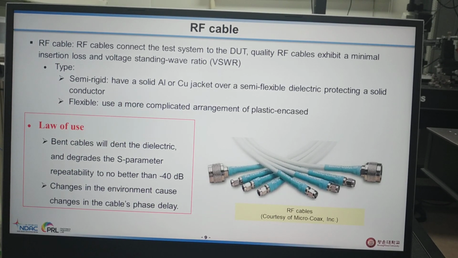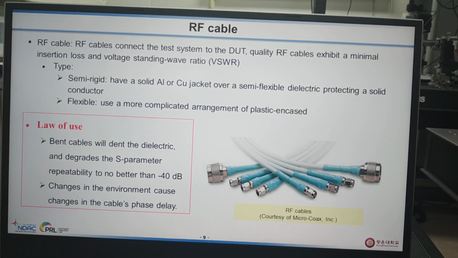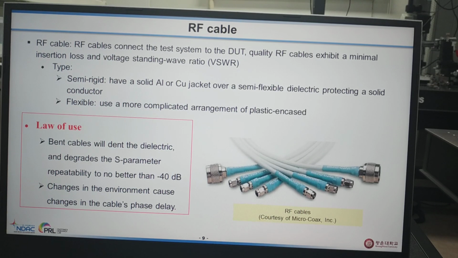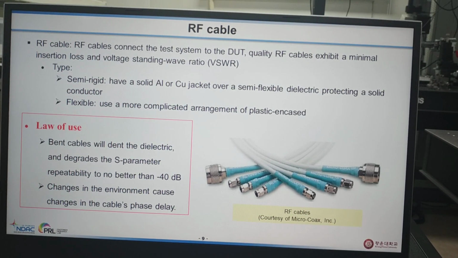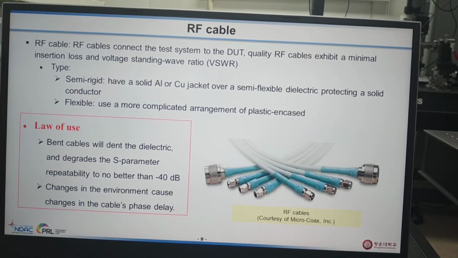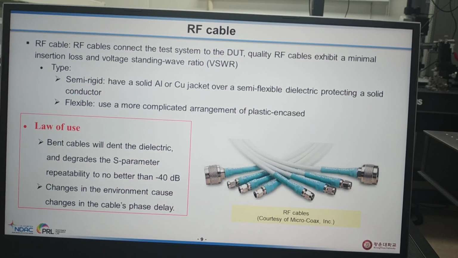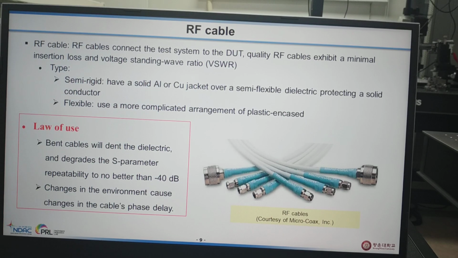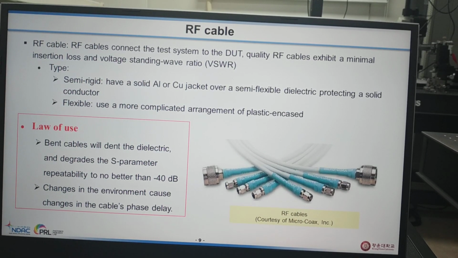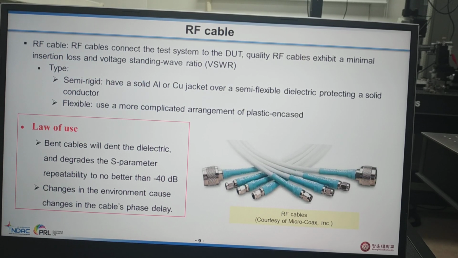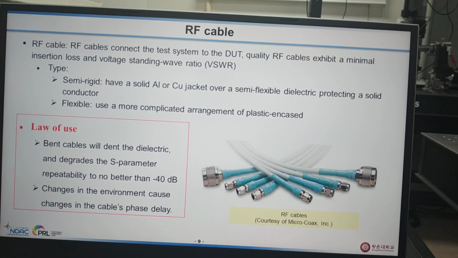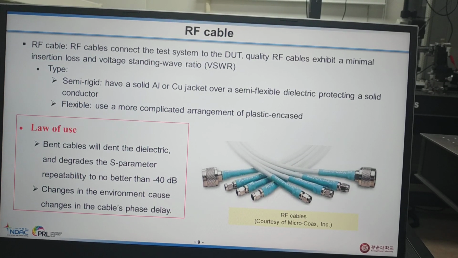Here I also show the rules of use. We need to remember, bending the cables will dent the dielectric and degrade the S parameter repeatability to no better than minus 40 dB.